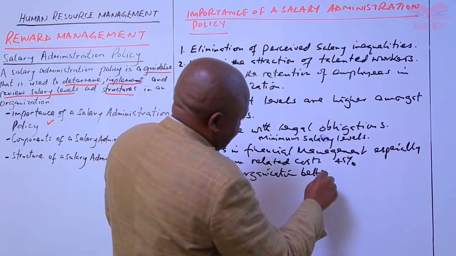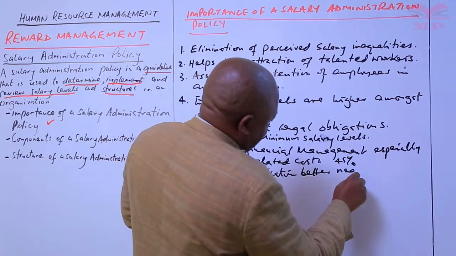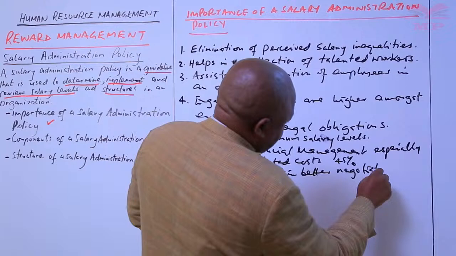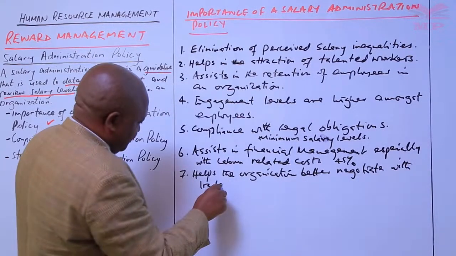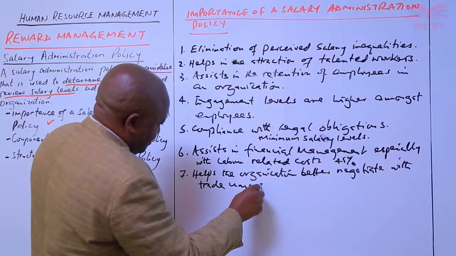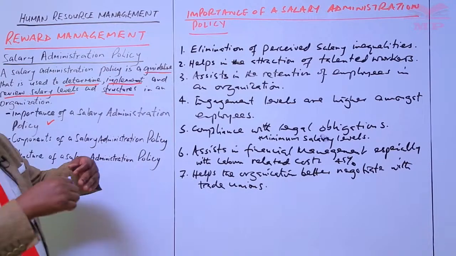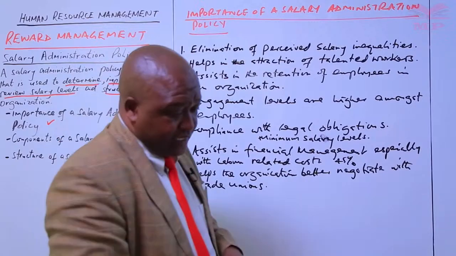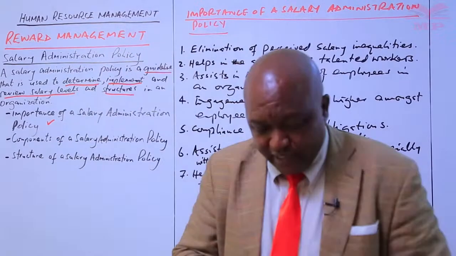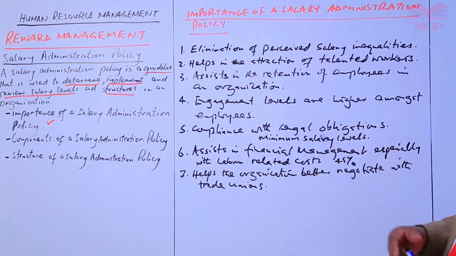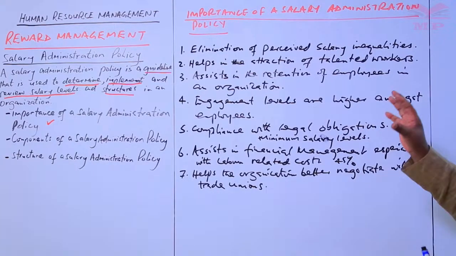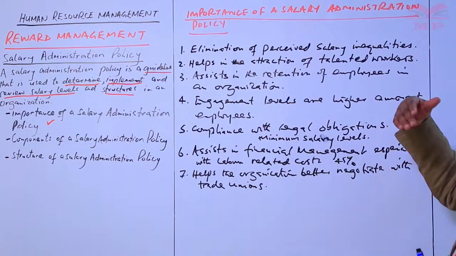Then number 7 helps the organization better negotiate with trade unions. So where an organization has a proper system in relation to administration of salary, then they are able to at least discuss with the union officials, discuss with trade unions, and be able to come to an understanding in relation to how reviews are supposed to be done.